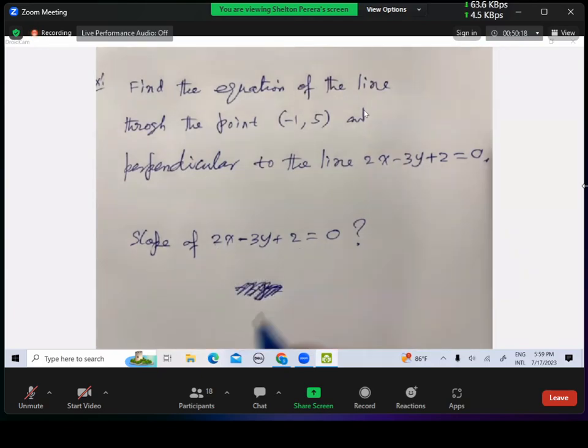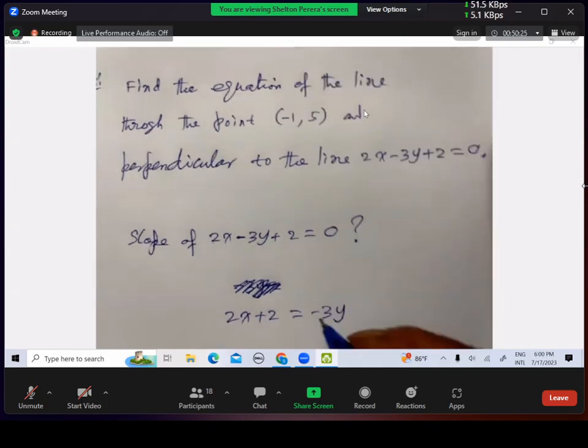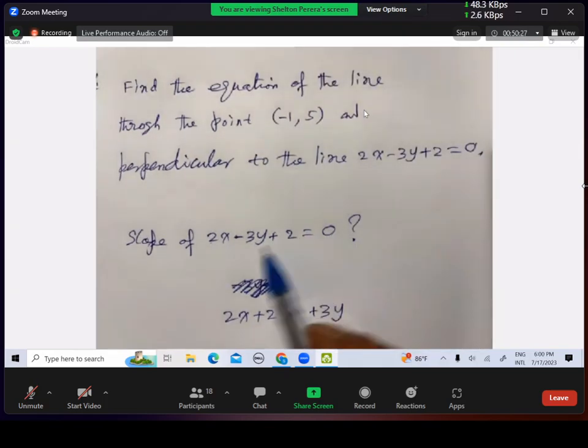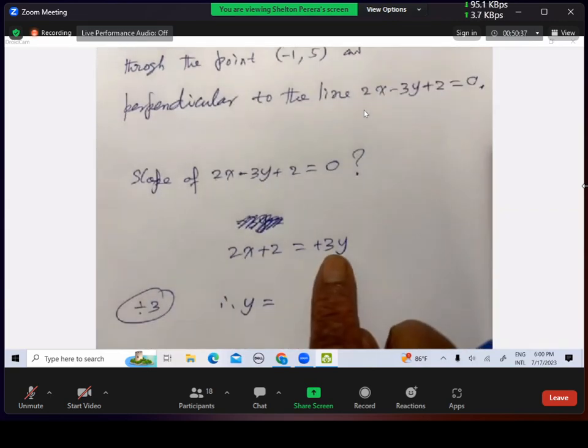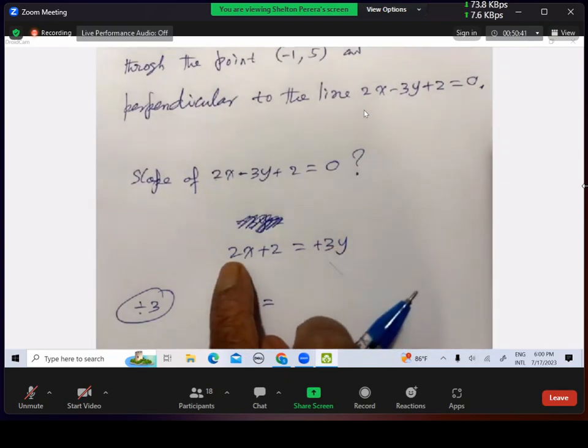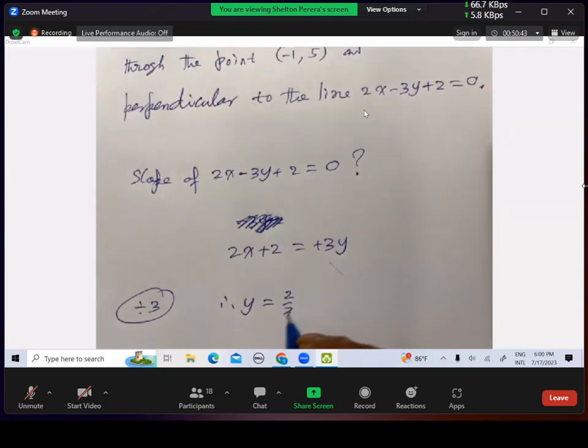So 3y equals 2x plus 2. Therefore, y is equal to, dividing by 3, 2 over 3 x plus 2 over 3.